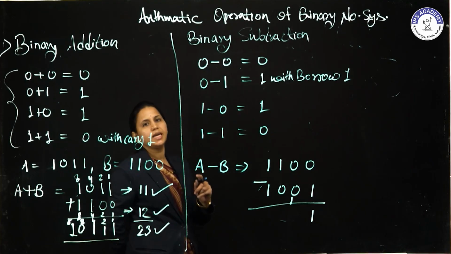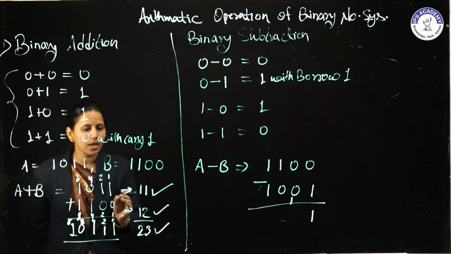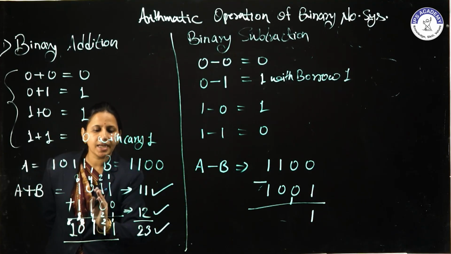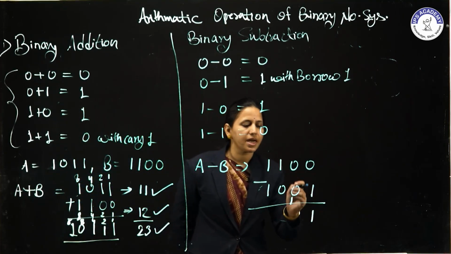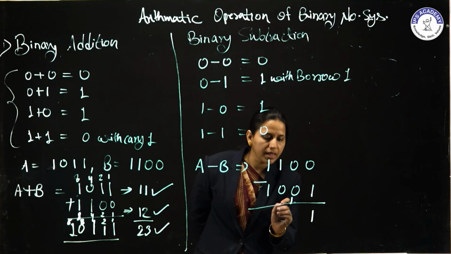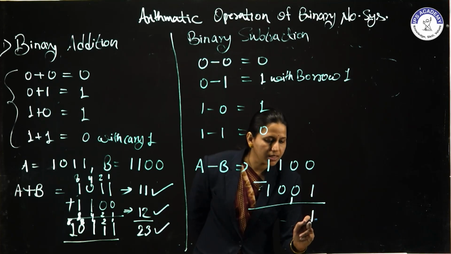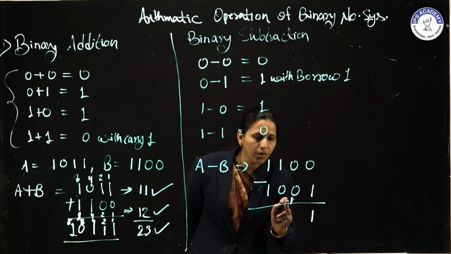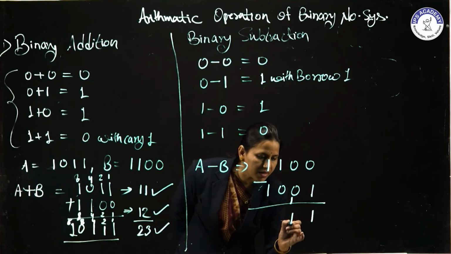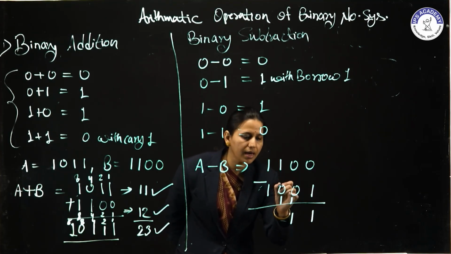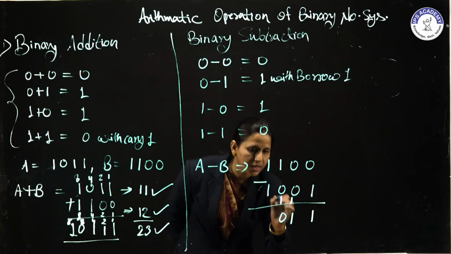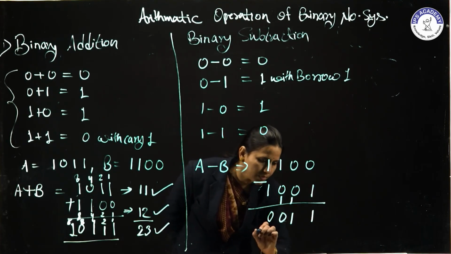Remember this point: in case of binary addition, always write the carry on the top, but in case of binary subtraction, write the borrow on the downside. Again 0 minus 1, 1, borrow will be 1. Now 1 minus 0 is 1, and 1 minus 1 is 0, 1 minus 1 is 0.